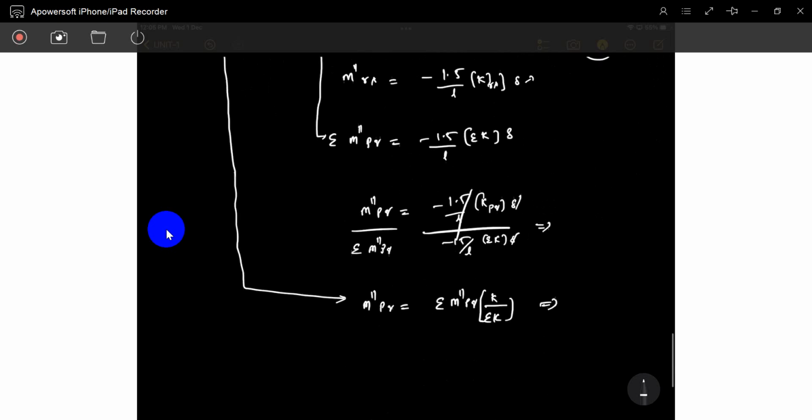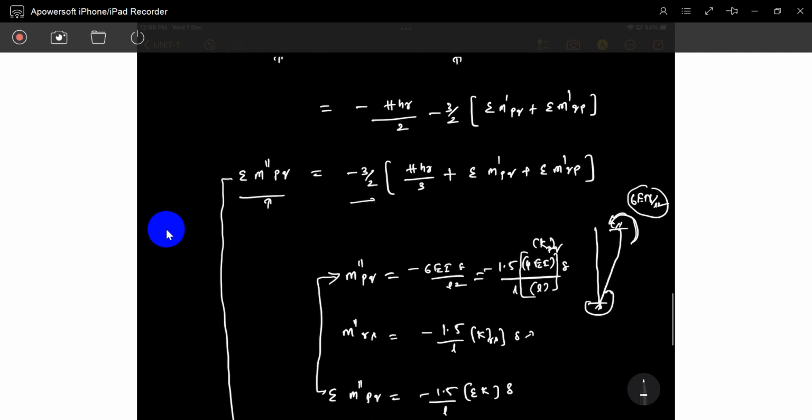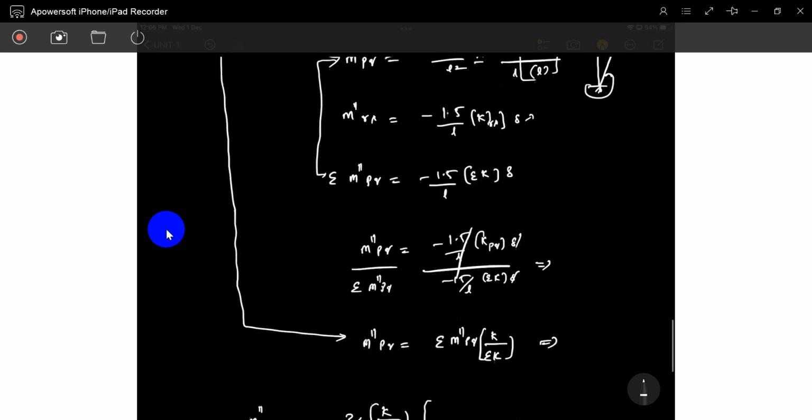By this you can write M double dash PQ, the translational contribution at P towards Q. How can I write? See, we already have 3 by 2 minus 3 by 2 K divided by sum of the K.